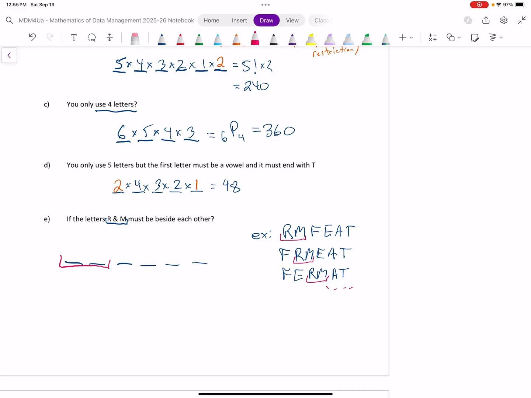And so what we can do is we go from 6 options down to 5 because we're treating the R and M together. The R and M can still move anywhere through, but they're doing it together. So instead of being 6 factorial, I get 5, 4, 3, 2, 1. And that takes care of most of the options. I'm just going to write below here, treat R and M as one letter.